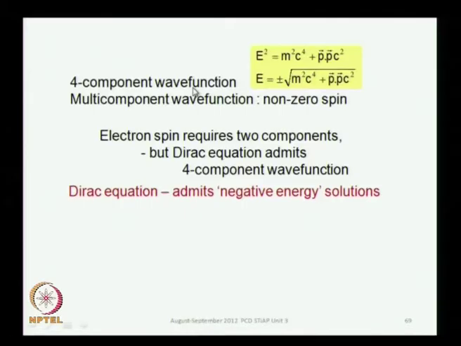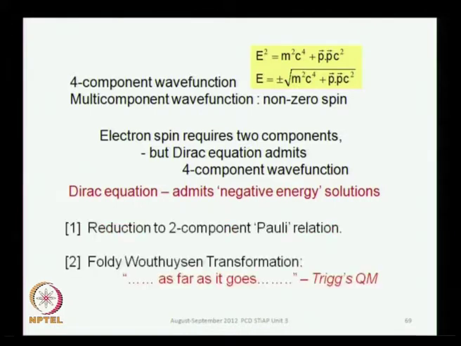Now, when you have a multi-component wave function, that is a signature of spin, and we really need 2 components so far as the electron is concerned. But then the Dirac equation, which is set up based on the quadratic scalar of the 4 momentum, since it admits negative energy solutions, allows for antiparticles.